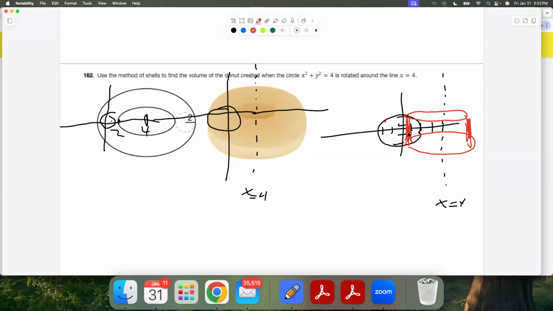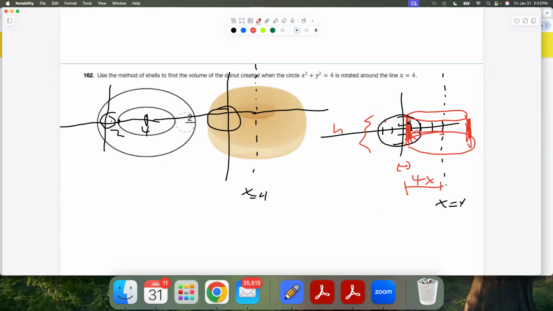That height there, call that height, and this distance are both going to be kind of complicated. So if this is a distance x here, this radius of this shell I've drawn will be 4 minus x. This distance here is 4 minus x.